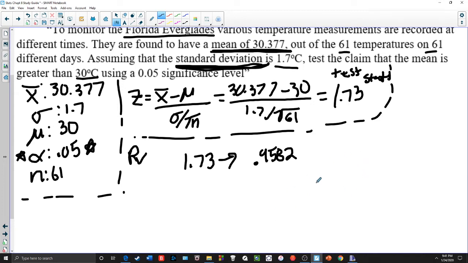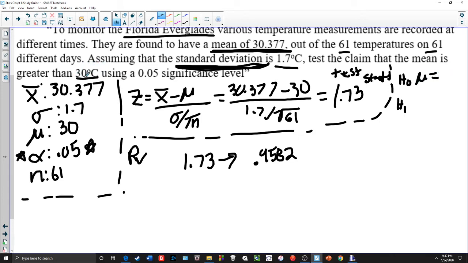One thing I forgot to do that I probably should have is write down my hypotheses. So let me do that over here, because my hypotheses tell me what kind of tail test I'm doing and whether I need to do anything with this. Given that it's about a 95% area, I probably am going to have to subtract from 1, but let's just see. So my mu is set equal to 30, right? That's what I'm testing against.